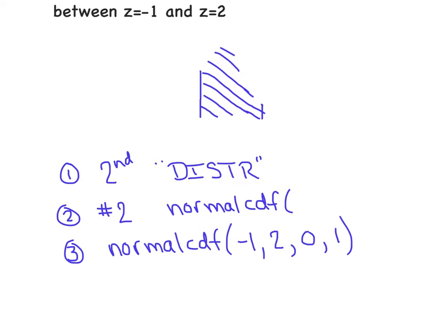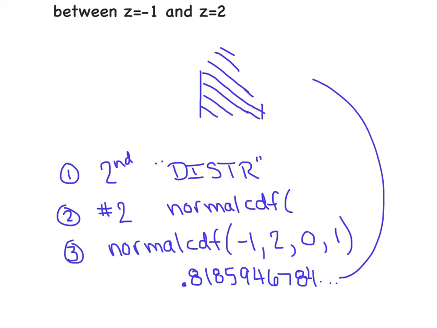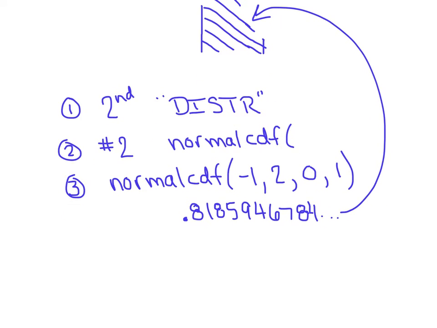And when you hit enter, you'll get 0.81859467, etc., etc. What that does is that corresponds to the area of that particular region, or we could say that there's an 81.859% chance that a score would fall between a z-score of -1 and +2. So we could either do area or we could do probability, either one, they're congruent basically.